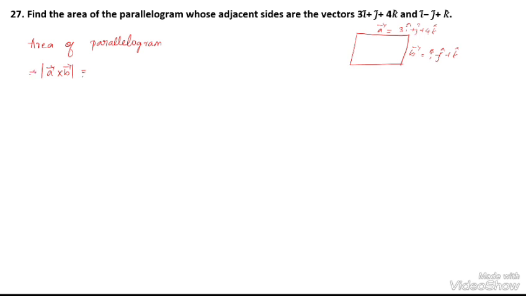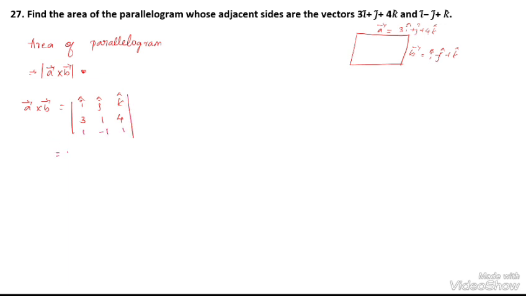This is the area of the parallelogram. First, I will take A cross B. That is i cap, j cap, k cap. The components of vector A are 3, 1, 4. The components of vector B are 1, minus 1, 4.